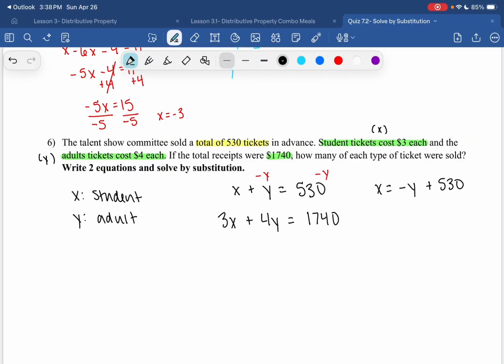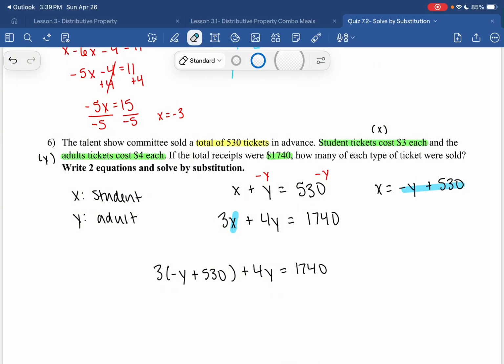Okay, so now we have a value, right? We have a value for x, which is negative y plus 530. And so we're going to plug that in right here for x. Okay, so I now have 3 times negative y plus 530, plus 4y equals 1,740.